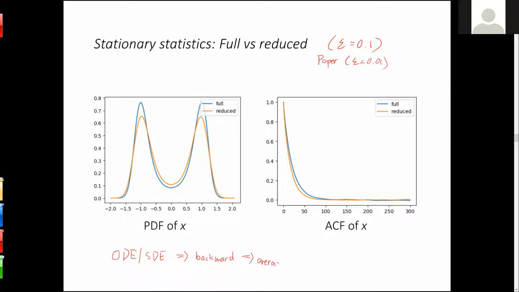In this, I have shown homogenization to get a reduced backward operator or reduced forward operator, and then find its associated reduced ODE or SDE. So this is the usual path when you do stochastic homogenization.